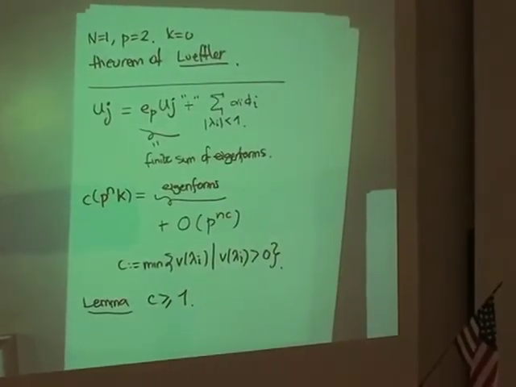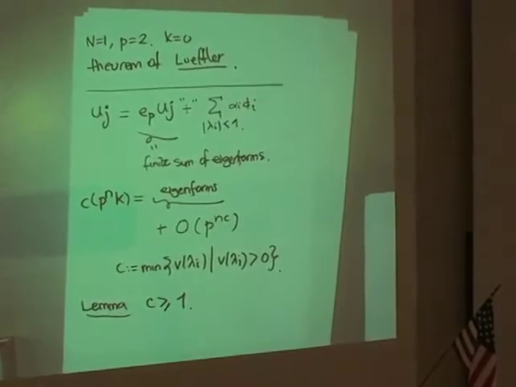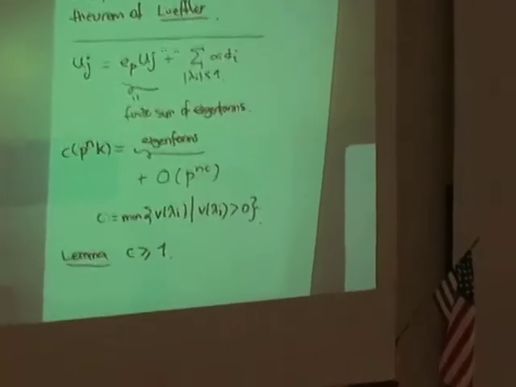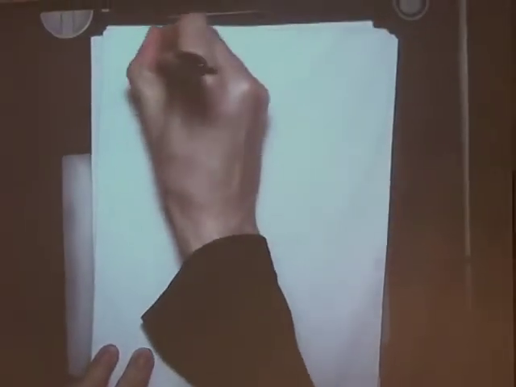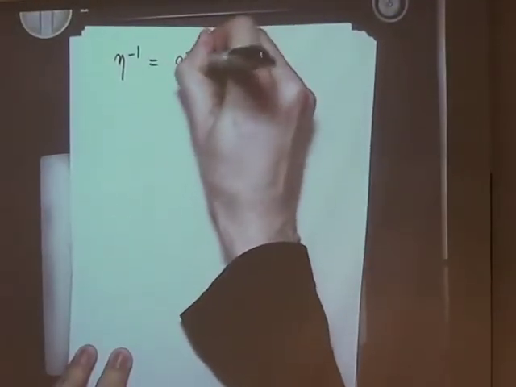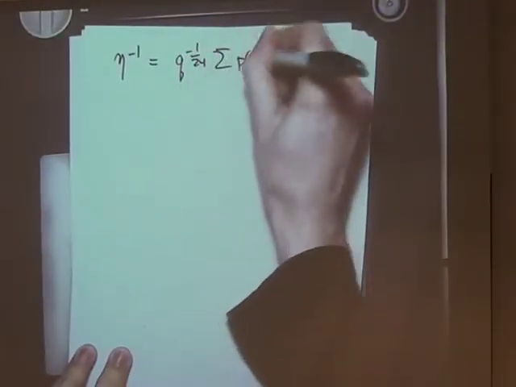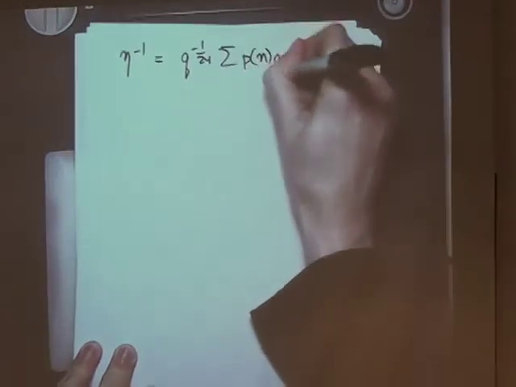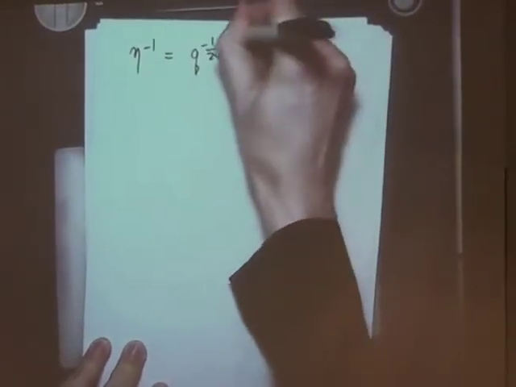So before I prove that lemma, maybe I should also give a second example, which is in some sense of the same flavor. Instead of j, let me choose e to the inverse, which, as I said before, is q^(-1/24) times the sum of the partitions p(n) q^n.